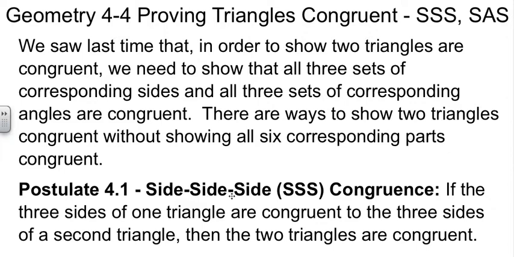Everything else will follow from it. So you can say the 2 triangles are congruent. Notice now all we have to do is show 3 things are true instead of 6. That simplifies things for us. It cuts our work in half.